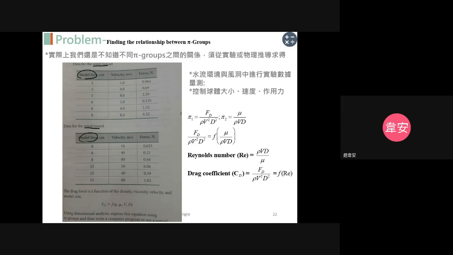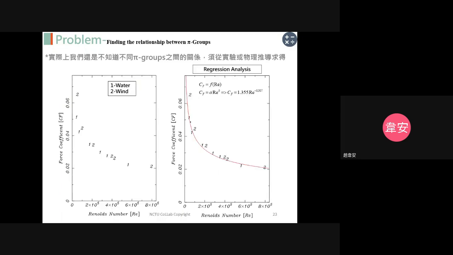And we also conducted different velocities, and also measured different forces. So based on those parameters, we compute the pi1 and pi2 values for each data point, and then we draw the scatter plot.